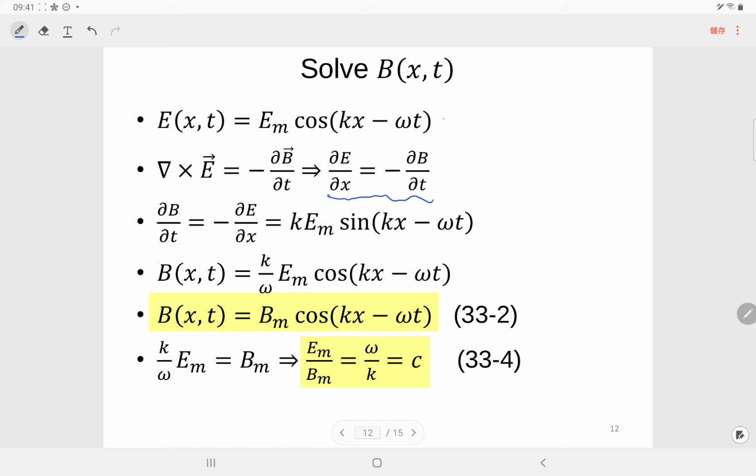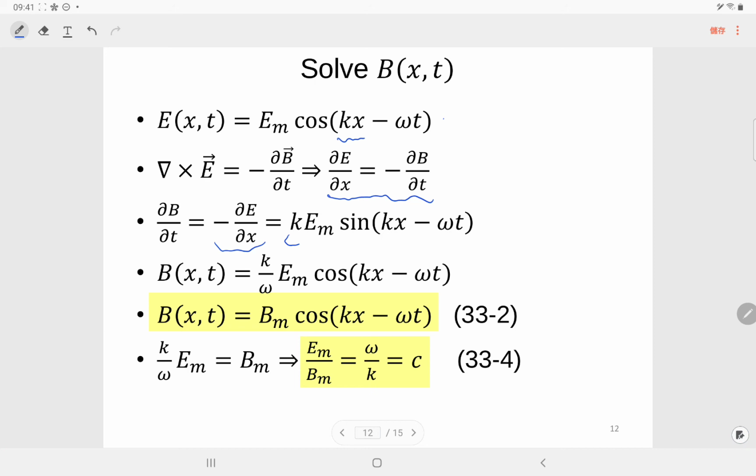So we take the partial derivative of E with respect to x. So this is kx, so k comes out by the chain rule, and then this is cosine, so this becomes minus sine. So we have another negative sign. So it becomes positive k EM sine of kx minus omega t.